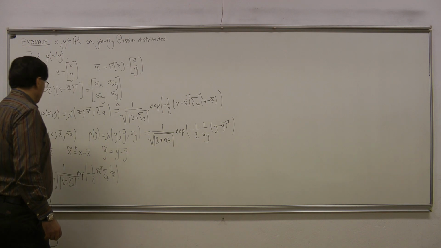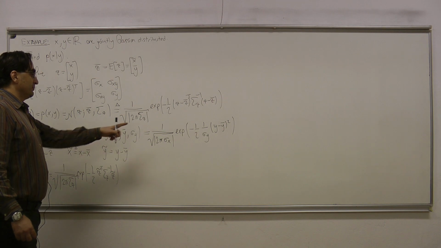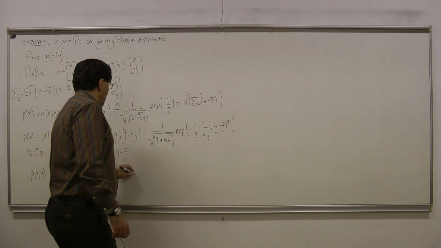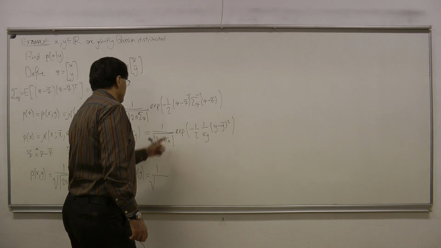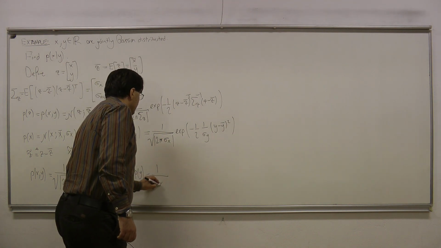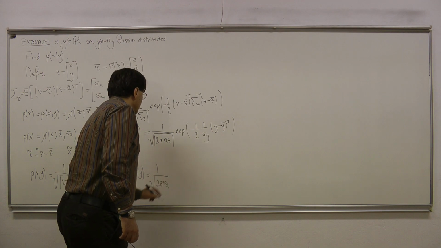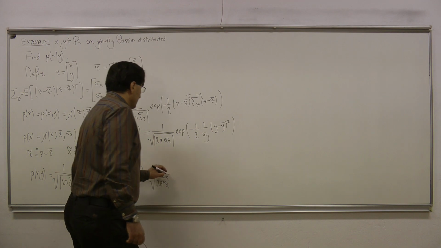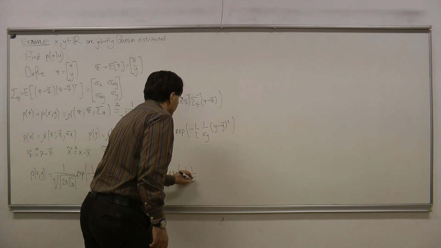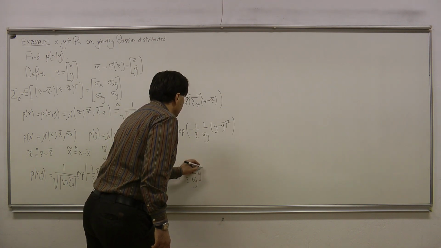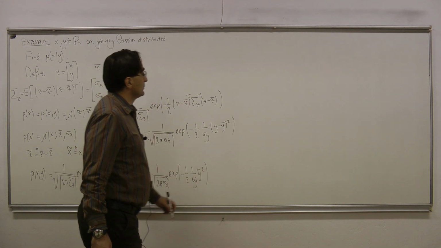Okay? And I'm going to need P of y here as well. So I would write P of y is equal to 1 over, I'm removing the determinant here because this is just a scalar inside, 2 pi sigma y, and exponential minus 1 over 2, 1 over sigma y, y tilde square. Okay?